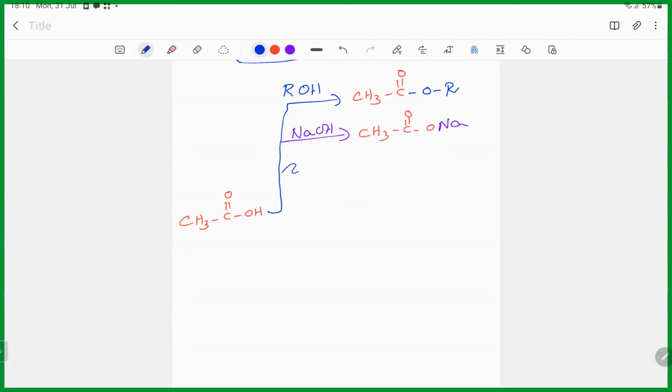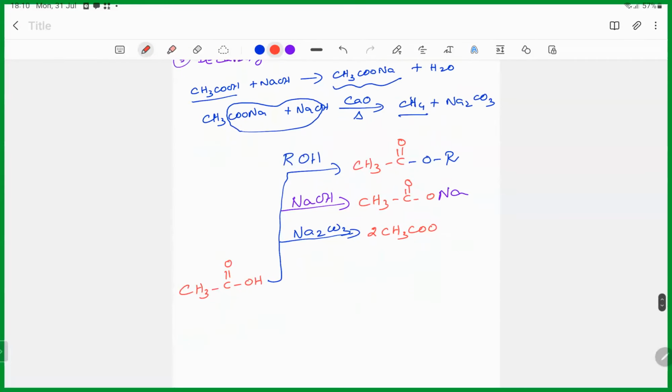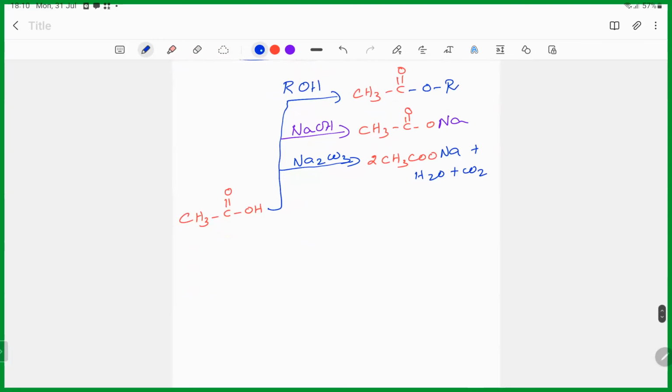The next reaction, with sodium carbonate, gives 2CH3COONa plus H2O plus CO2. Then with sodium bicarbonate, same thing, CH3COONa plus H2O plus CO2.